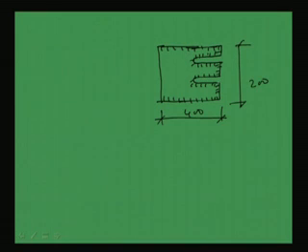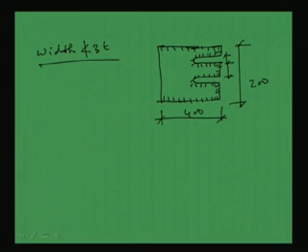Now we have to find out the distance between two slots and the width of the slot. From the codal provision we know that the width should not be less than 3t, as we discussed in the last lecture also, where t is the thickness of the thinner part.